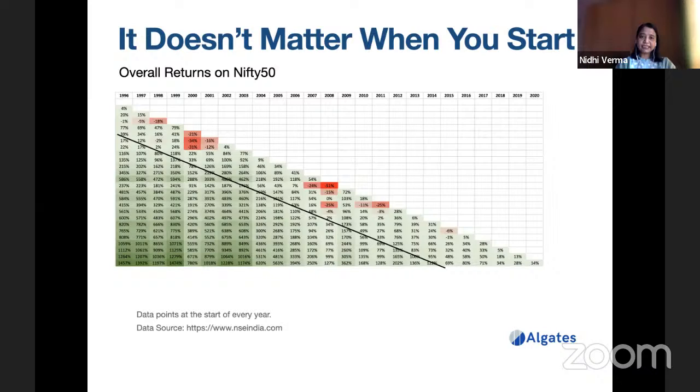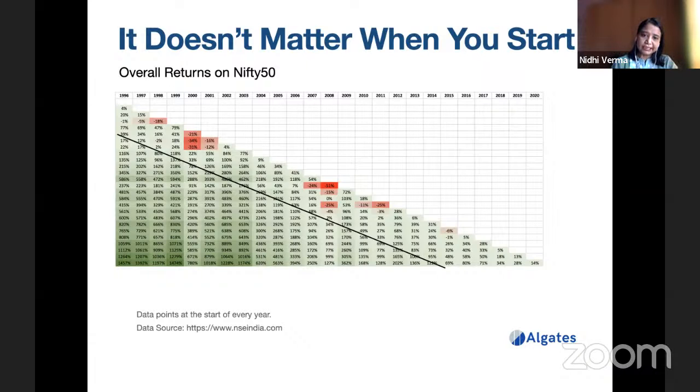So if you see the horizontal line which it is making from 1996 to 2020, the topmost row in each column is giving you the one year return, the second row in each column is giving you the 2 year return, and then the third row is giving of course the 3 year return, and so on and so forth.